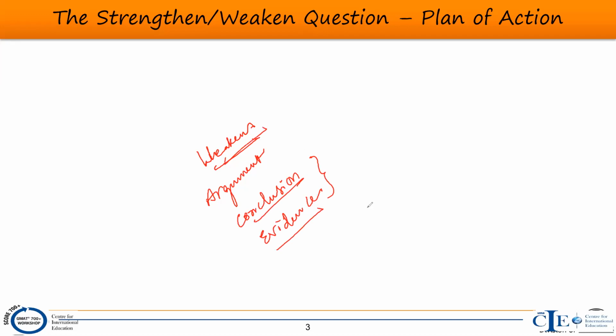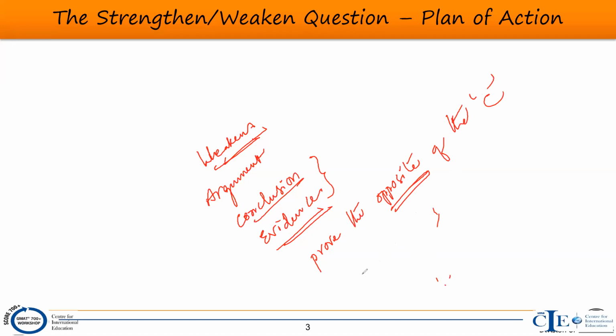Then for a weaken question, after you identify the conclusion, for weakening that conclusion, you must prove the opposite of the conclusion. So you must first state the opposite of the conclusion and then find the answer which proves it.